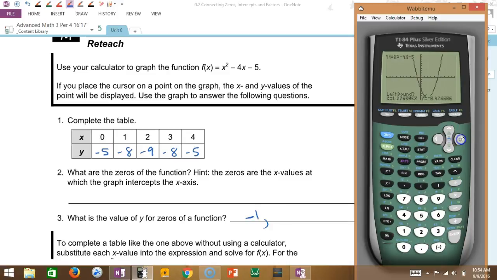Okay, that's a little close. I'm on the left. Notice that my value right now is 3.6, which is less than 5. I can hit enter. Notice that I am below the x-axis, so now when I go to the right, I'm going to take my cursor above the x-axis, and I'll be right of that point.